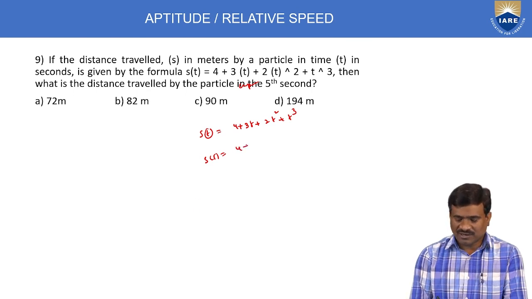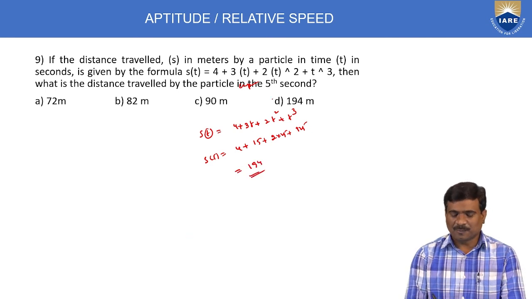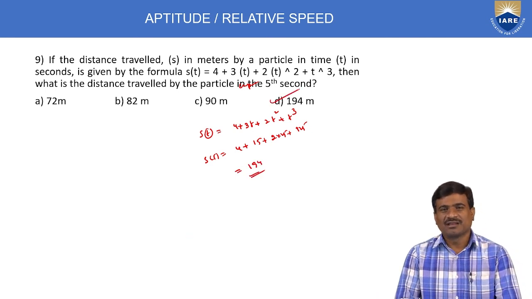Here 4 plus 3 into 5 is 15. Next 2 into 25, and t cube is 125, which is equal to 194 meters. Option D only is correct. This is up to the 5th second.